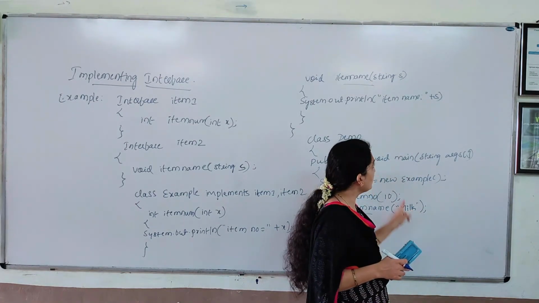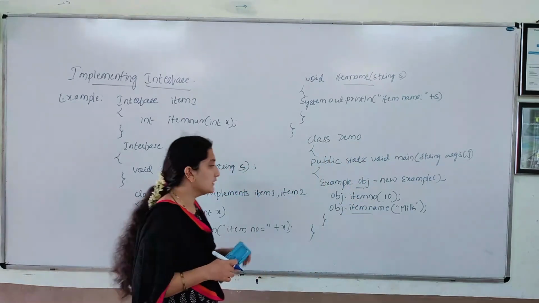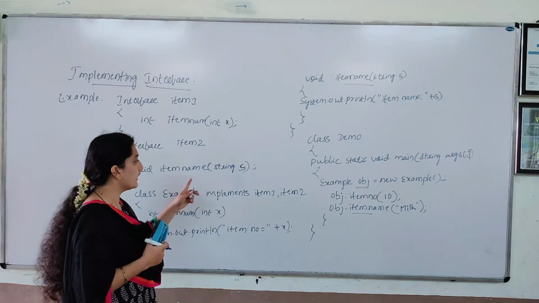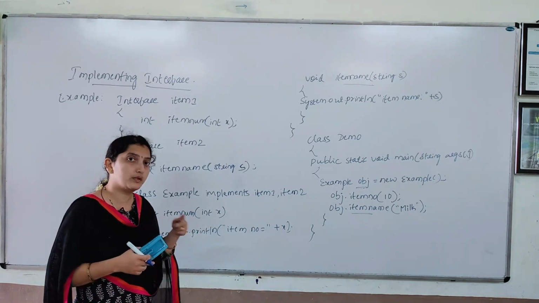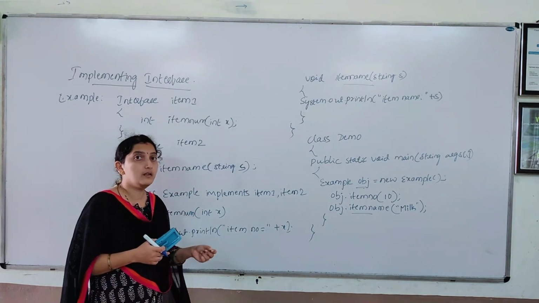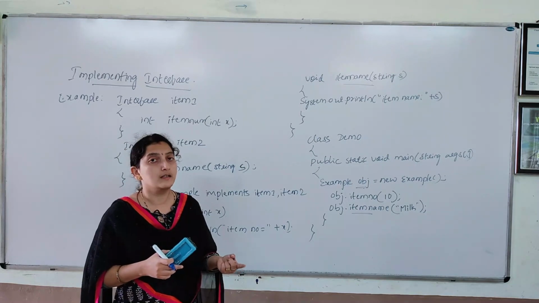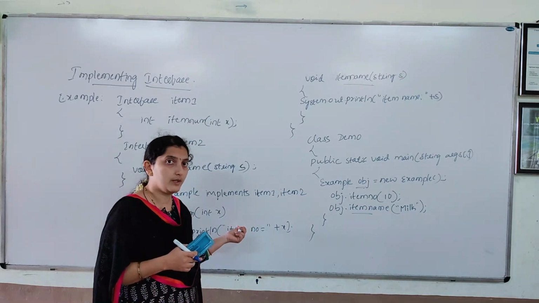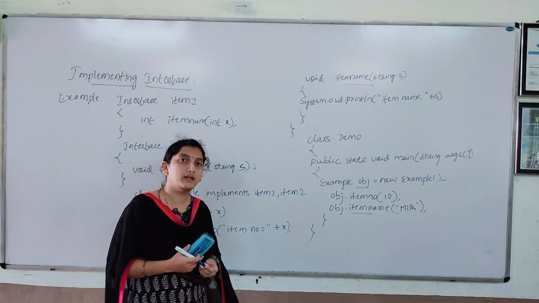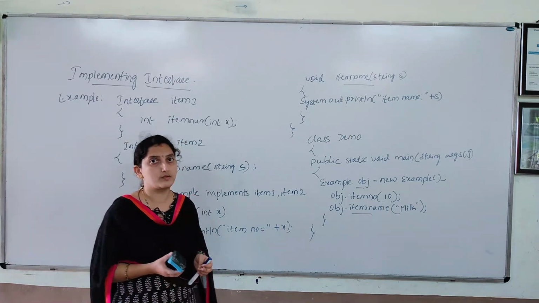So it concatenates milk after printing item name. In this example, I have tried to explain how to implement more than one interface in a single class, and how to implement the methods of more than one interface in a single class. So this is one simple example to show implementing more than one interface in a single class. I hope you have understood. Thank you.